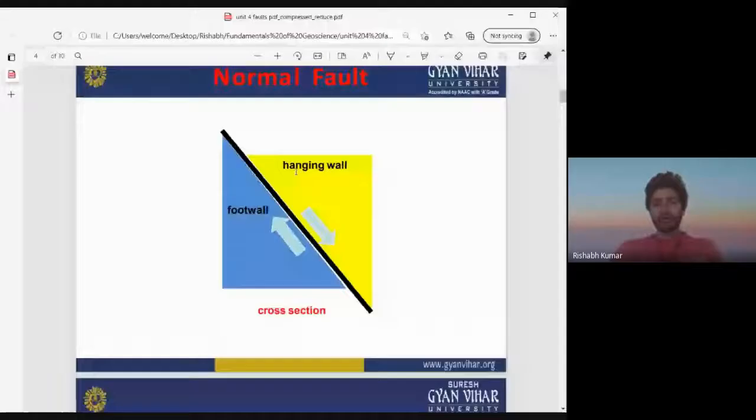So this is considered your normal fault. What is normal fault? When your hanging wall slides down and the elevation of your hanging wall is lower than the footwall, this type of fault is known as normal fault. Getting my point?